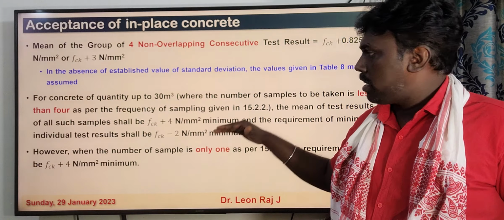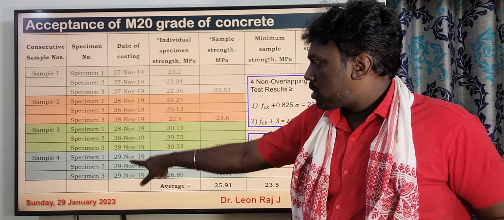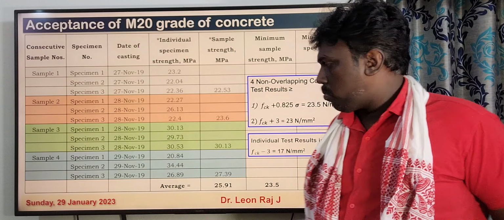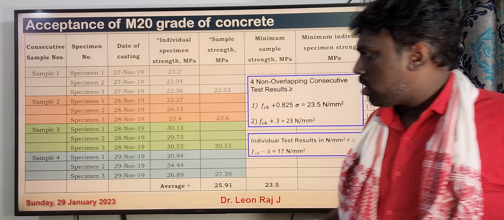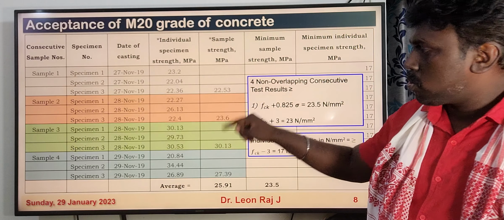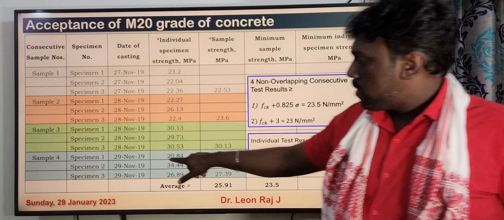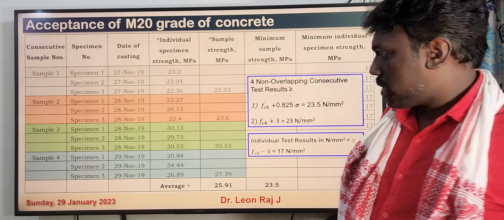The dates of casting are 27 November 2019, 28 November 2019 and 29 November 2019. On 27 November, they collected one sample of 3 specimens. On 28 November, they collected 2 samples of 3 specimens each. On 29 November, they collected one sample of 3 specimens.